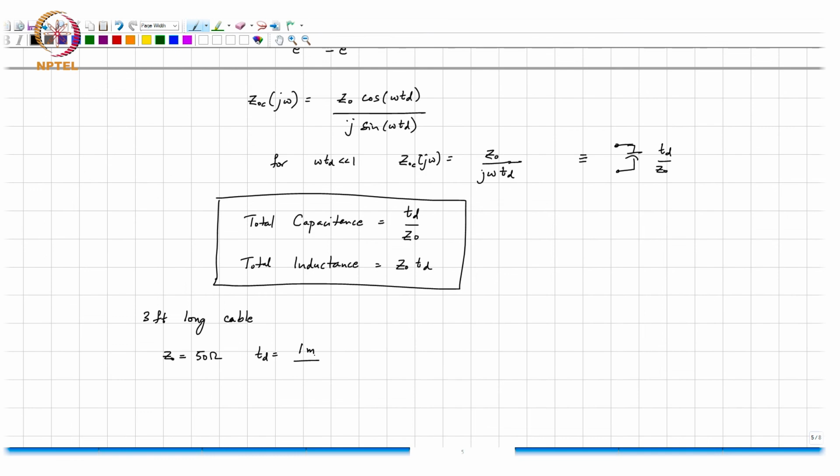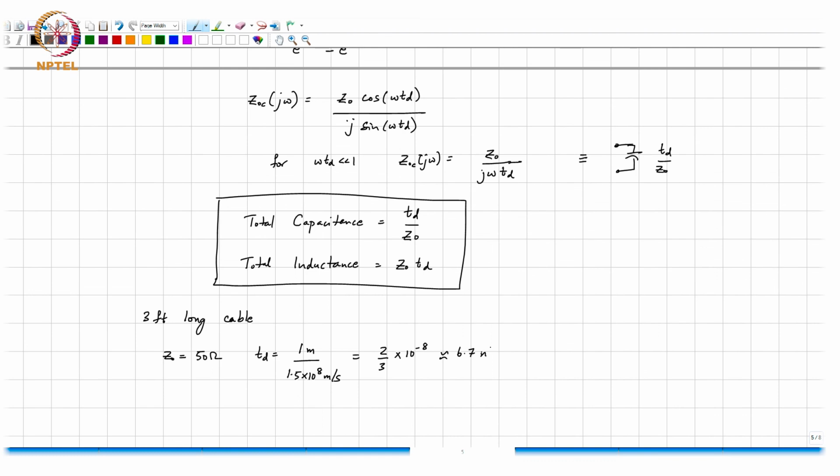It turns out that 4 is a good number to use, right? Okay. So, what is the speed of light in the medium? The nice round number is 1.5 into 10 power 8 meters per second. So, this is how much? This is 2/3 into 10 power minus 8, which is about 6.7 nanoseconds. Correct? I hope I have not made a mistake.